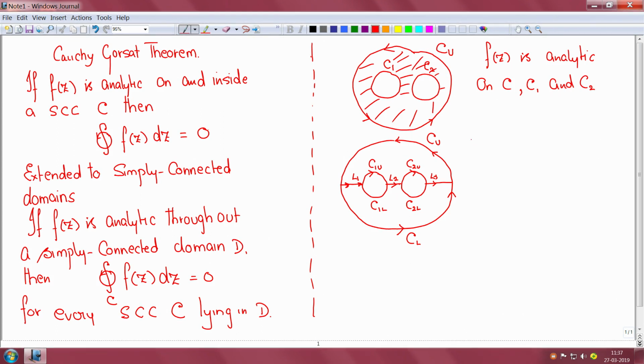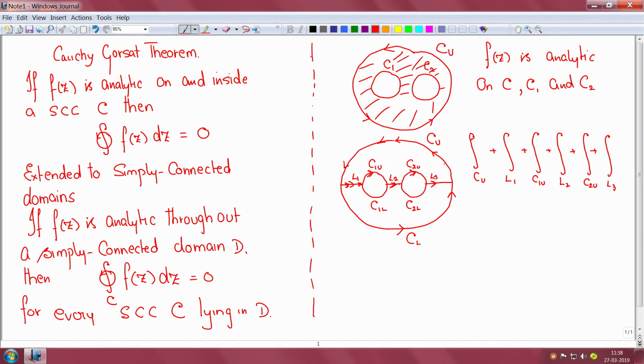So, we will see what happens now. The integrals are C upper plus L1 plus integral C1 upper plus integral L2 plus integral C2 upper plus integral L3. This forms a closed contour.